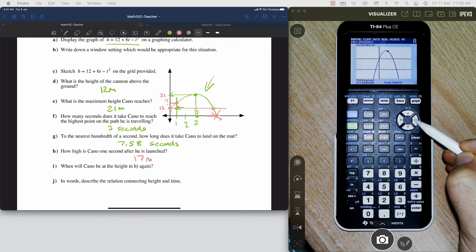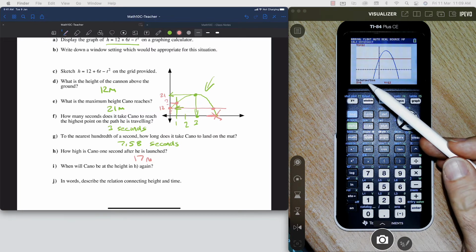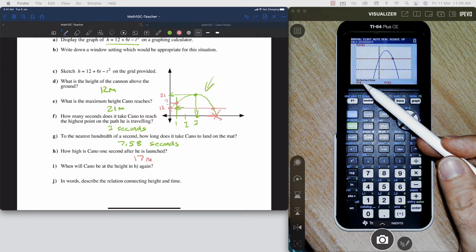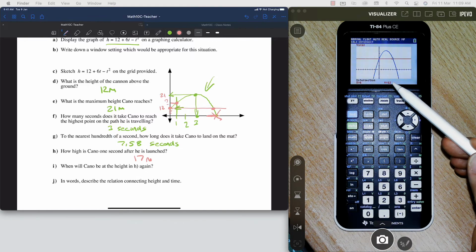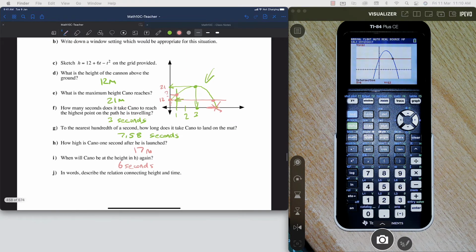And I want to go a little bit to the left, enter, a little bit to, oh no, this one's not to the right. It's the same, choose the second curve, enter and enter. And right there it says at 6 seconds, the cannonball will be at 12 meters. So what is the height, or time, when will it be there? At 6 seconds.